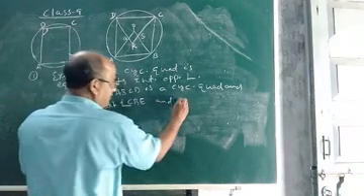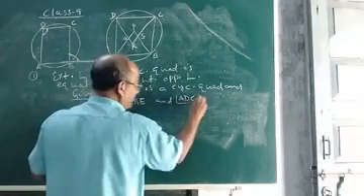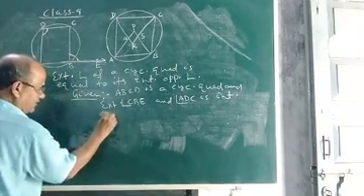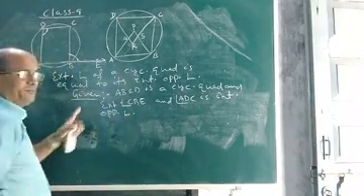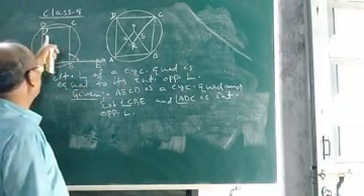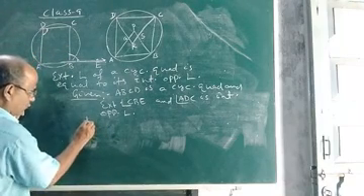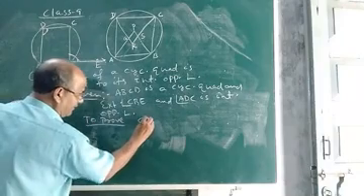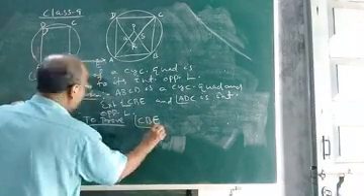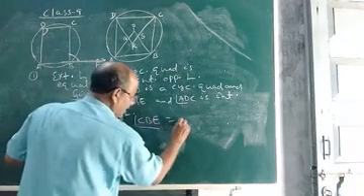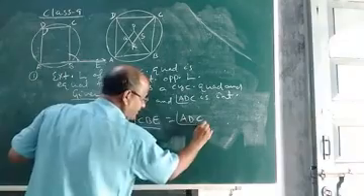Angle ADC. Angle ADC is the interior opposite angle. Now the point is, how will you prove that this angle CBE is equal to angle ADC? We want to prove that angle CBE, which is exterior, is equal to angle ADC, which is interior opposite.